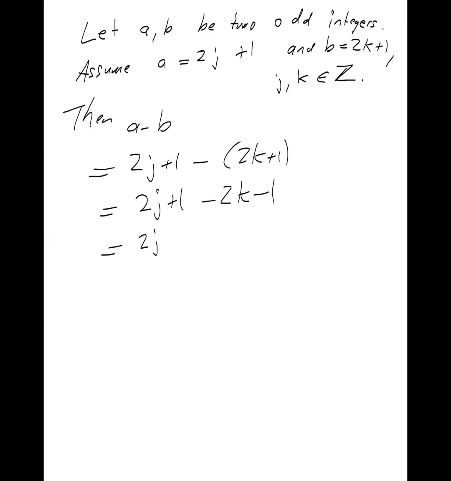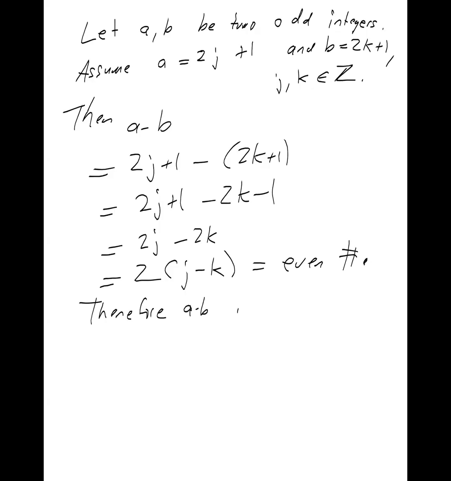So it's equal to 2J minus 2K, which is 2 times J minus K, which is equal to an even number, right? So therefore, A minus B is even. Proof complete. And you can draw a little box when the proof is complete.